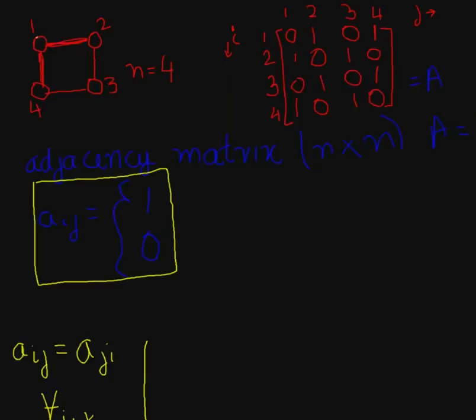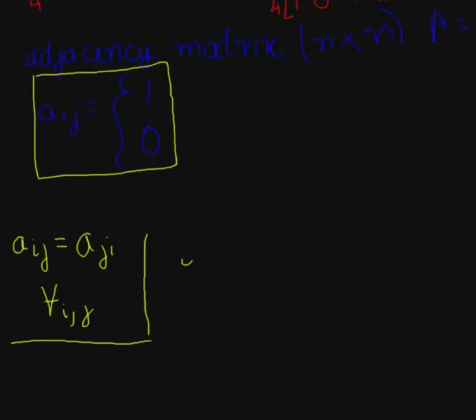Here, if node 1 is connected to node 2, then obviously node 2 is also connected to node 1 because they share this common edge. So that means that if Aij is equal to 1, then Aji will also be equal to 1.